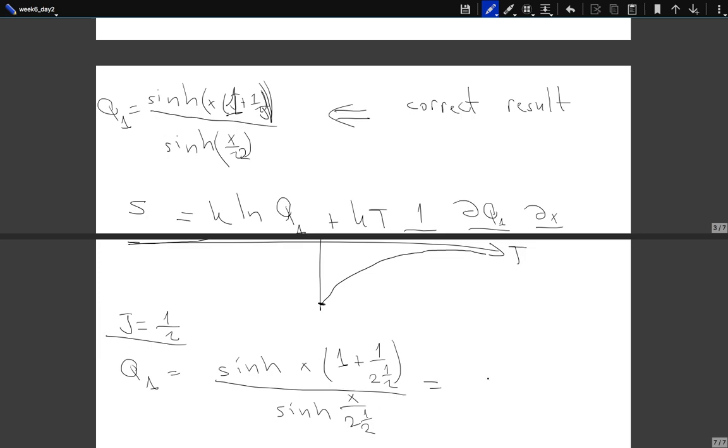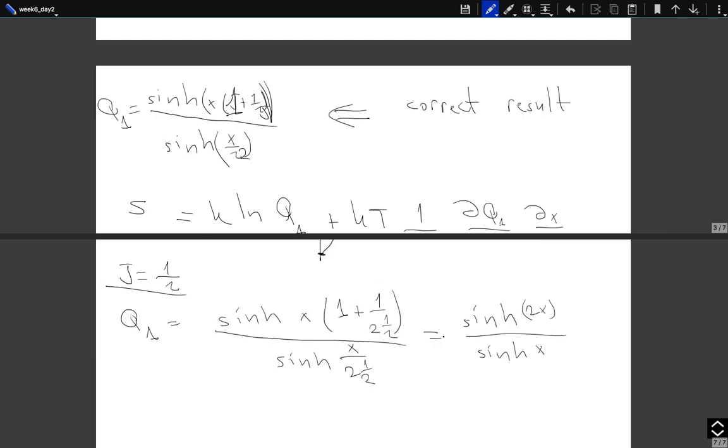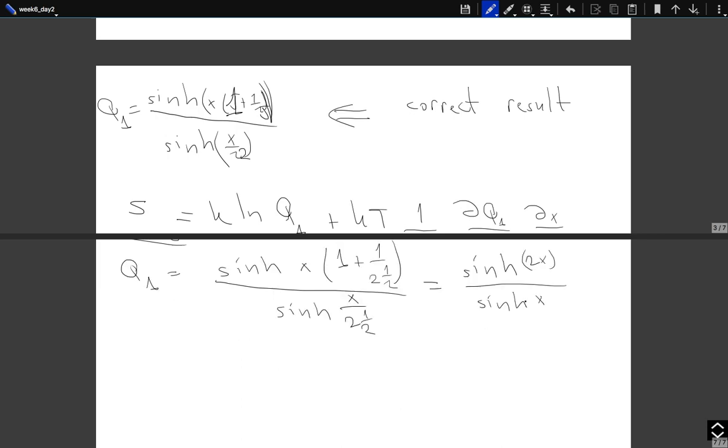So let's say this is sine hyperbolic 2x divided by sine hyperbolic x. This is our Q1. Can we simplify it further? Not really.